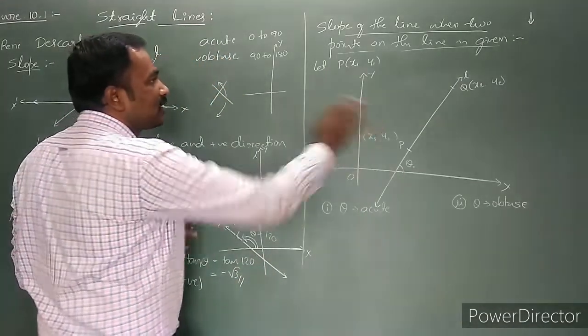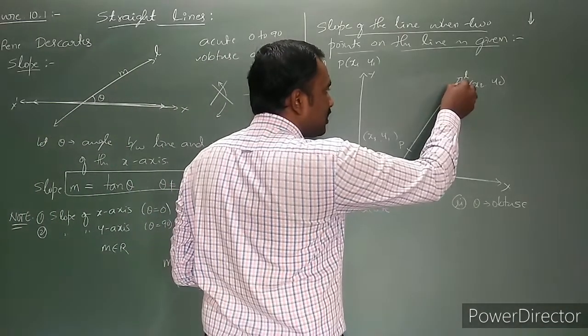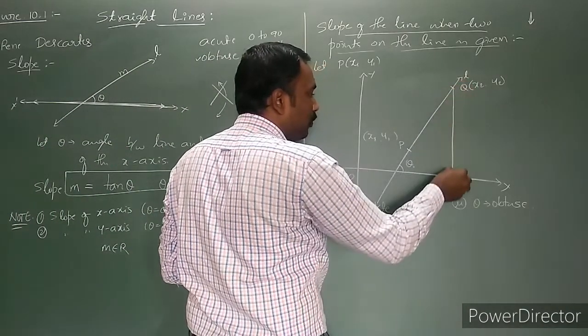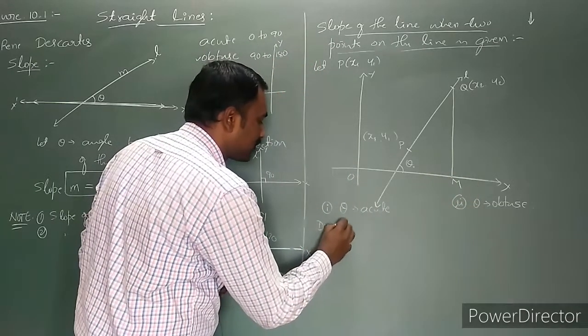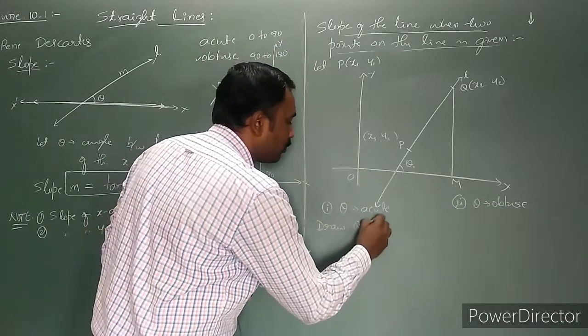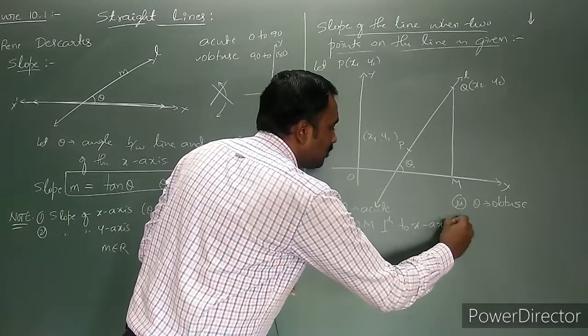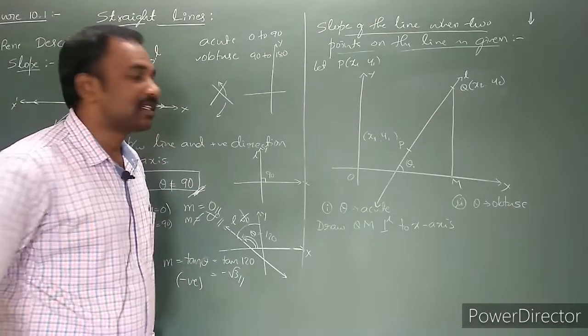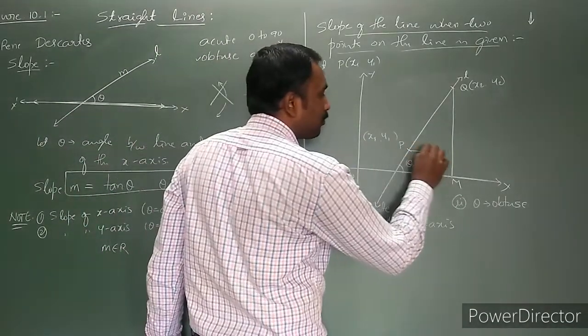Here I just alter the diagram. How I just alter the diagram is I just draw QM perpendicular to the x axis. If QM is perpendicular to x axis, then one more result. What is that?